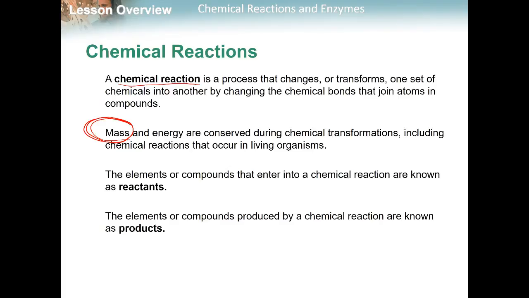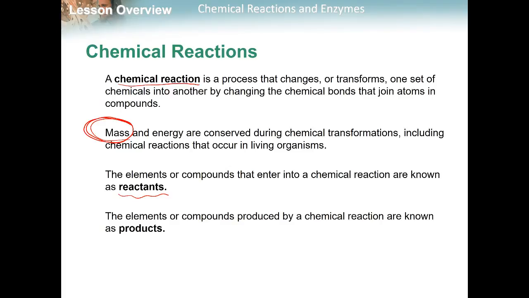So what we want to react within an equation, because that's what we use, we write equations, but whatever things that we want to react to make something, they're going to be called the reactants. So the elements or compounds that enter into a chemical reaction, those are called the reactants.